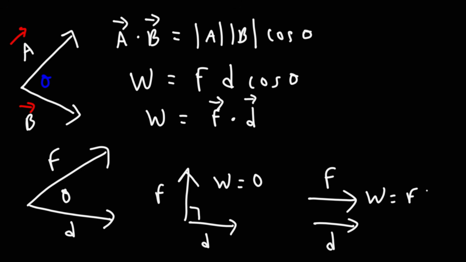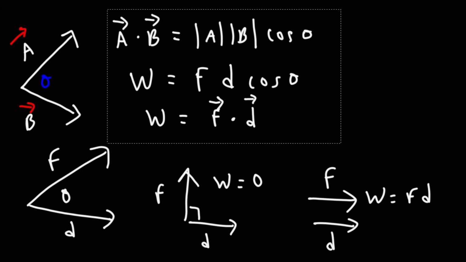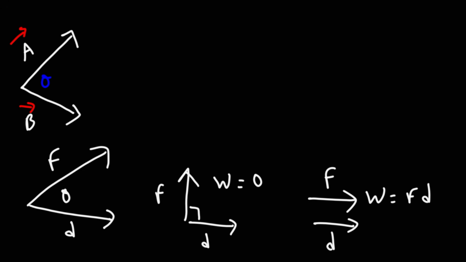So it's just going to be F times D. So when you multiply two vectors using the dot product formula, you're going to get a scalar quantity. So that's the scalar dot product formula.